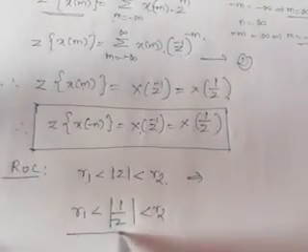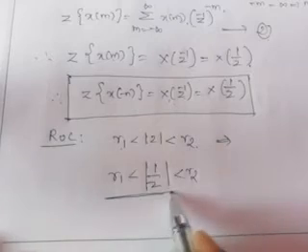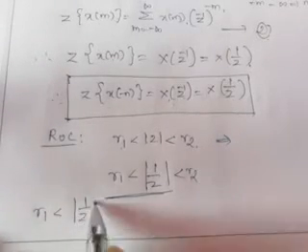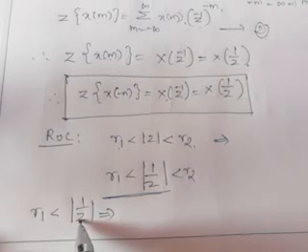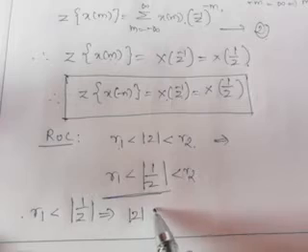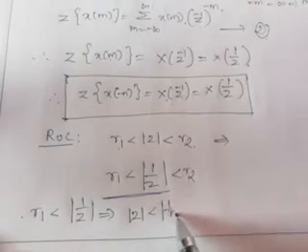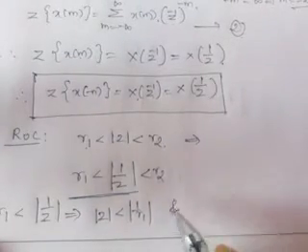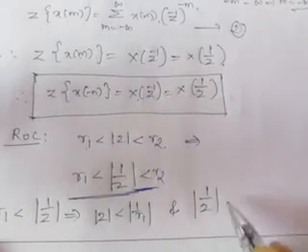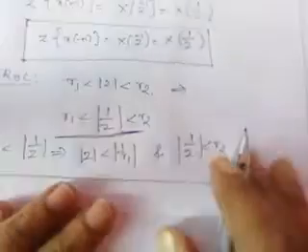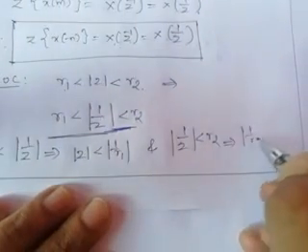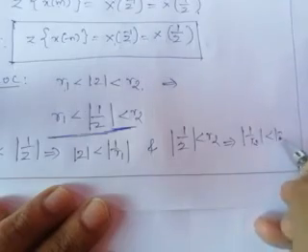I will take them separately. First we will take this one, R1 less than mod of 1 by z. Take z to this side: mod of z is less than 1 by R1. Similarly, this part: 1 by z is less than R2. Take z to the other side, so we write it as 1 by R2 is less than mod z.